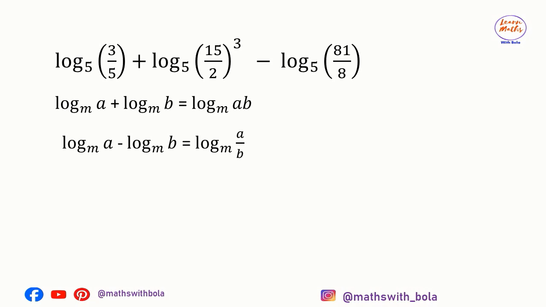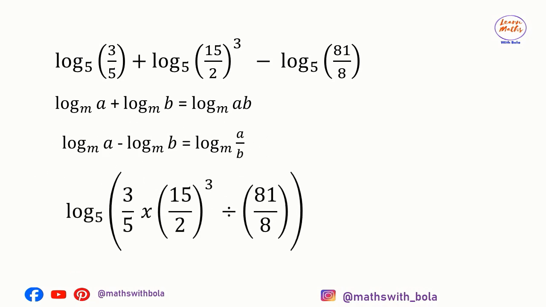So in logarithm, when you have an addition sign between two logarithms, you multiply them together, and when you have a subtraction sign, it means you divide. So we are going to use this method to solve this equation, and then we'll have 3 over 5 times (15 over 2) raised to power 3 minus 81 over 8.